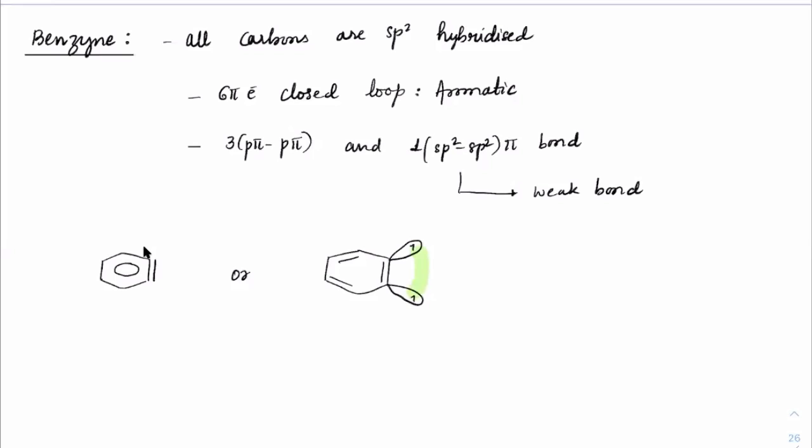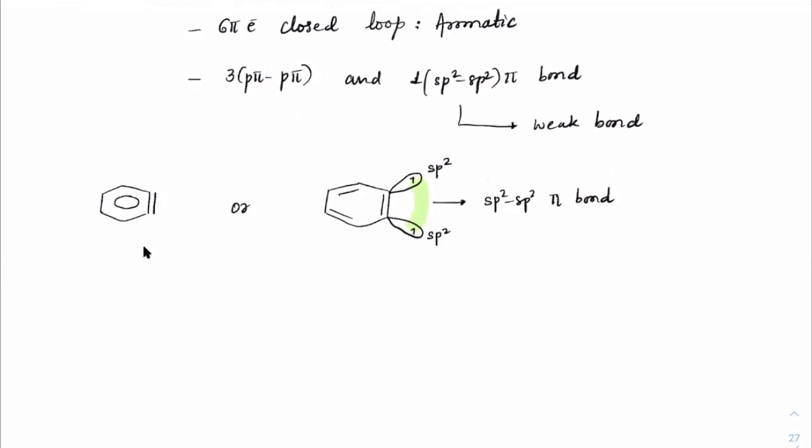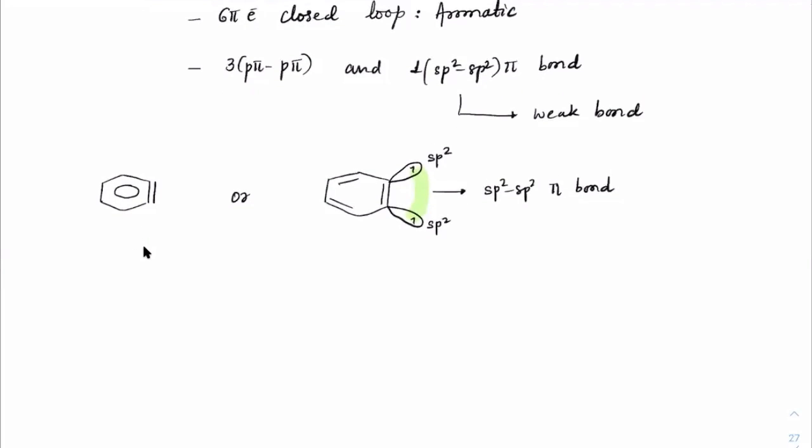So this pi bond is between sp2 and sp2, so that's why it is called sp2 pi bond formation. Just like that, benzene will also have two canonical forms. You can see one benzene is this way, and the other benzene formation is that this pi bond is here only, but I'll make the other Kekulé structure like this. So these two are benzene forms.